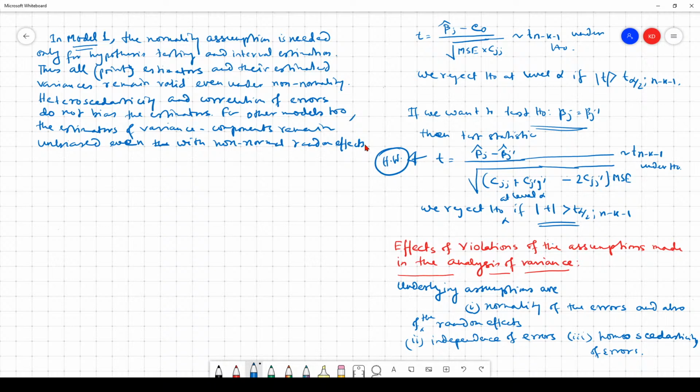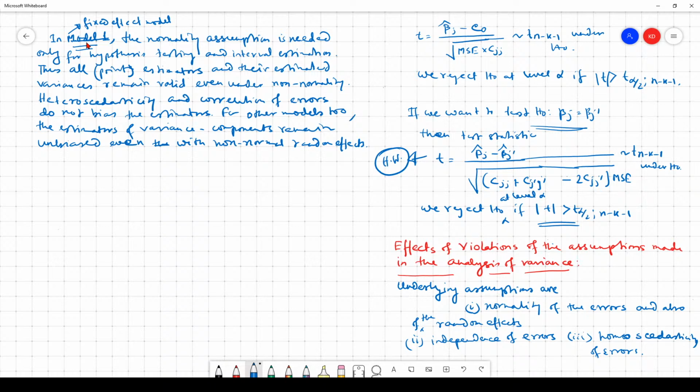It is better if you write fixed effect model instead of model 1. In the fixed effect model, the normality assumption is used for hypothesis testing and interval estimation. Thus, all point estimators and their estimated variances remain valid even under non-normality.